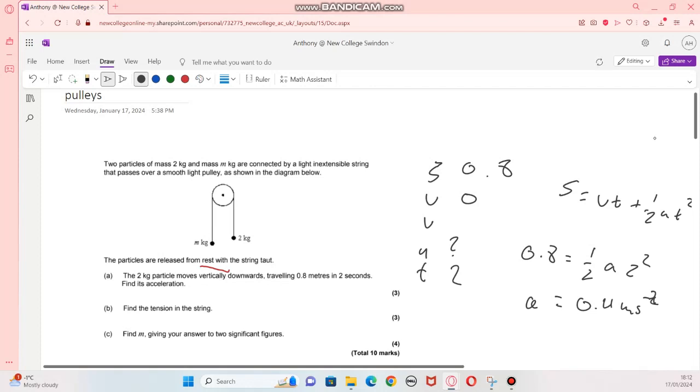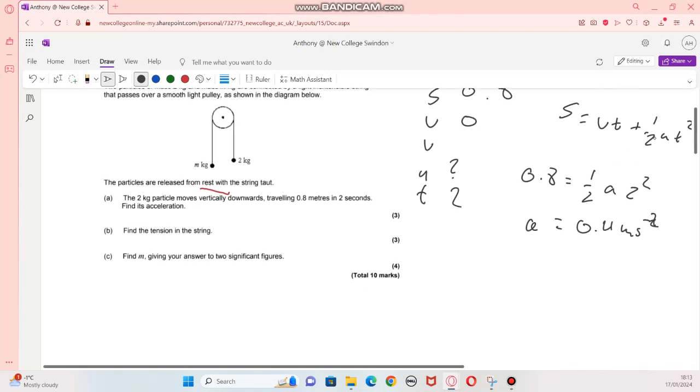Okay. Now for part B, to find the tension in the string. We've got our acceleration, and to find the tension we need to find our initial equation first. For the equation for this particle, I'll choose this one, the resultant force is equal to the sum of the other forces. So what forces are acting on this particle?